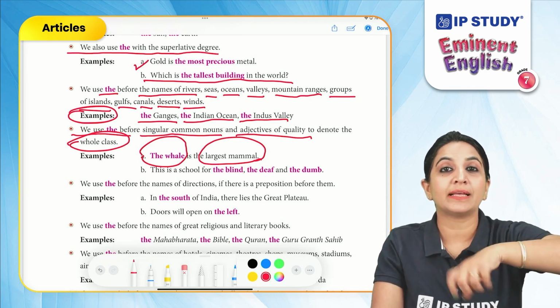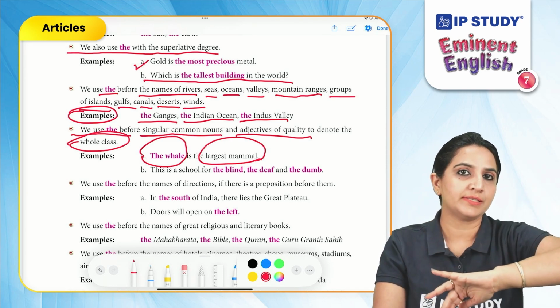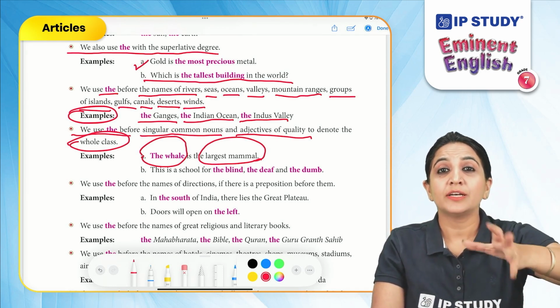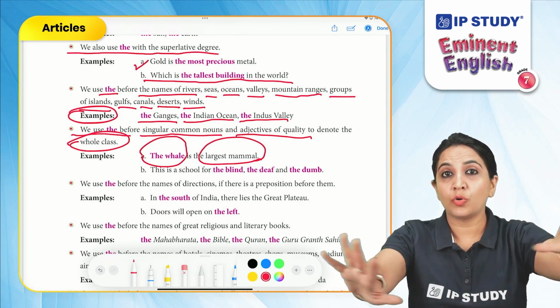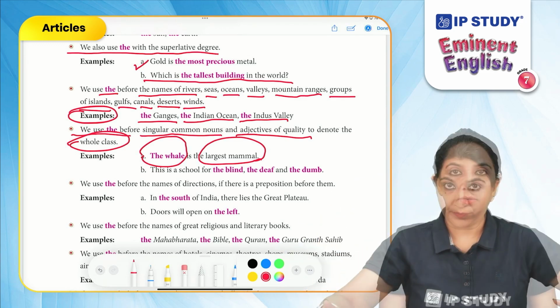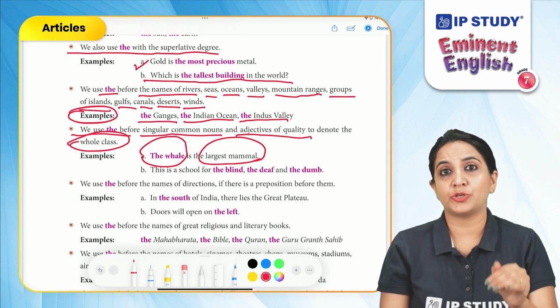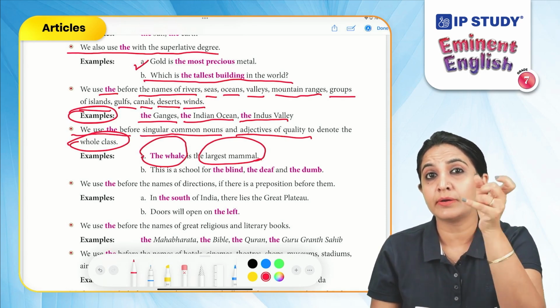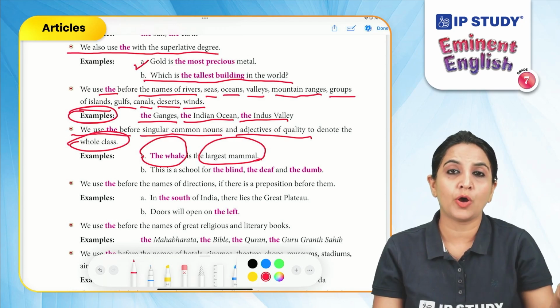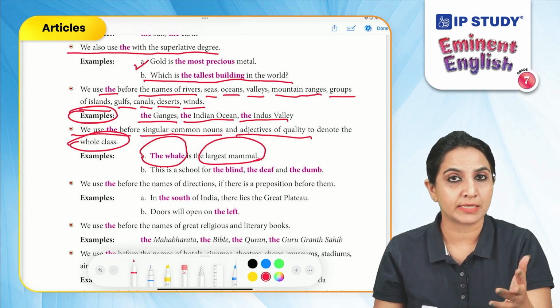And you're saying that whale is the largest mammal. So here you are talking about the whole class, the whole lot. So when you are denoting the whole lot and you're talking about a particular singular noun from that whole lot, then you can use article the.